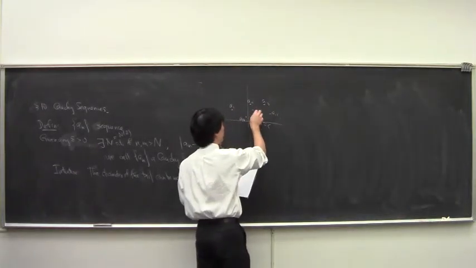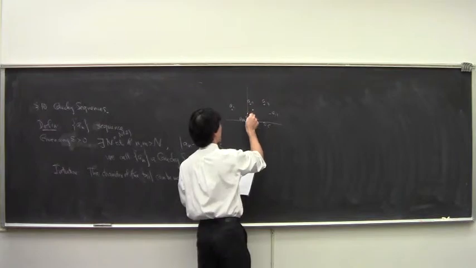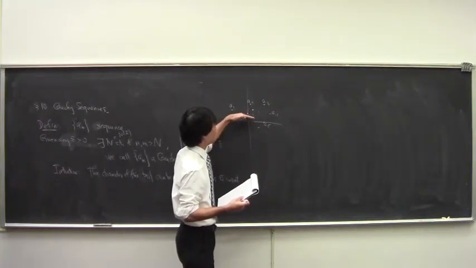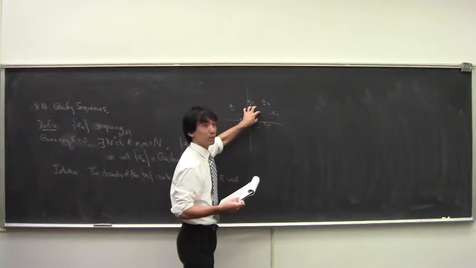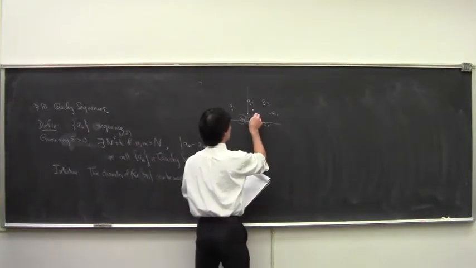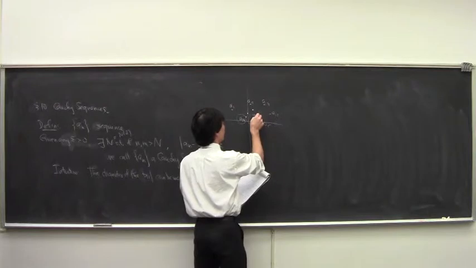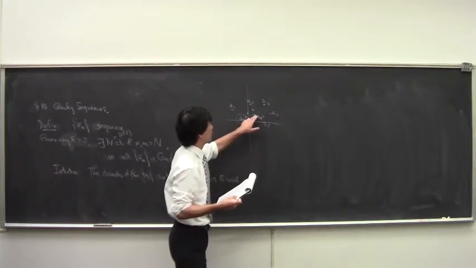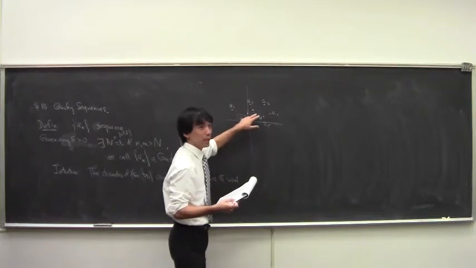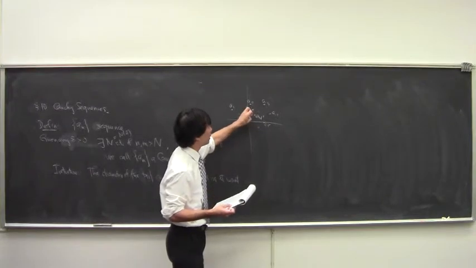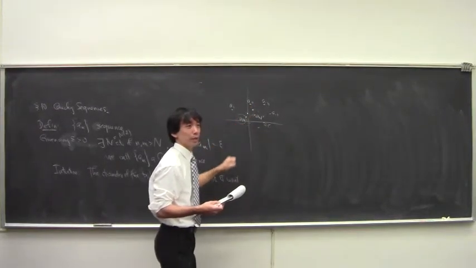And if somebody gives you another epsilon, like 1/2, well, there's another point so that the tail, past that point, everybody's within 1/2 of each other. So the diameter of the tail can be made as small as you desire.